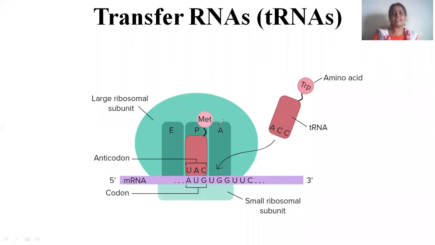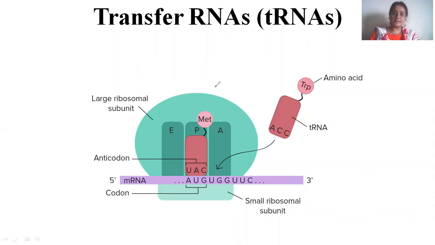Now this A site, the aminoacyl site or accepting site, is going to accept an active tRNA molecule attached with an amino acid. The peptidyl site is going to hold a tRNA molecule with a growing polypeptide chain. The exit site is the location from where the empty tRNA is going to leave the ribosome.